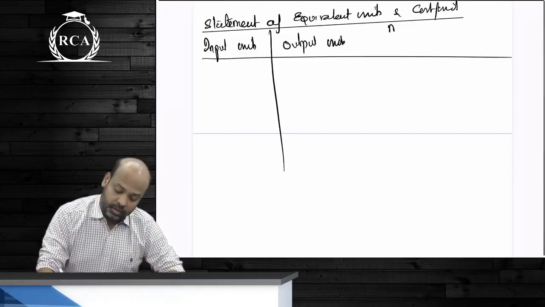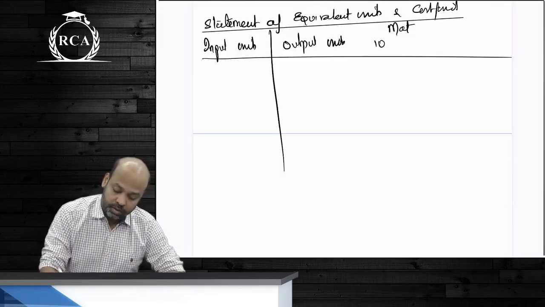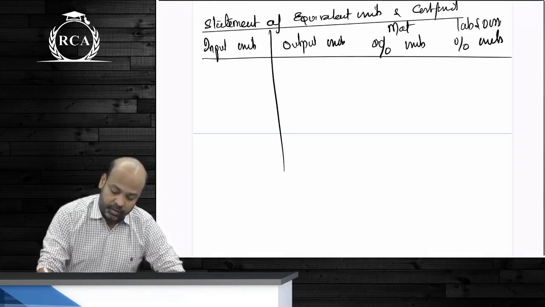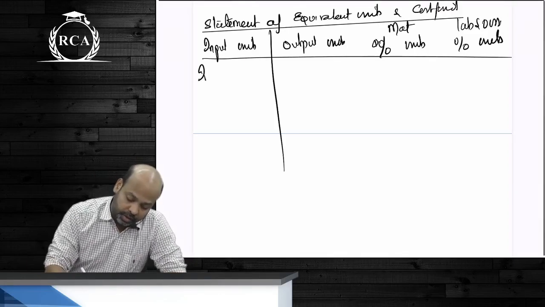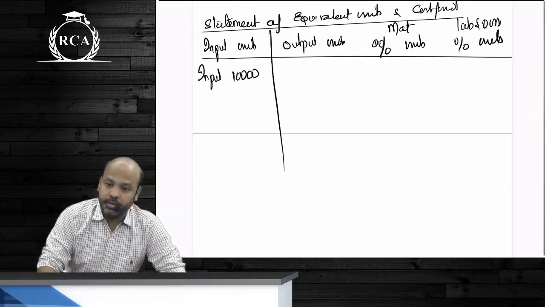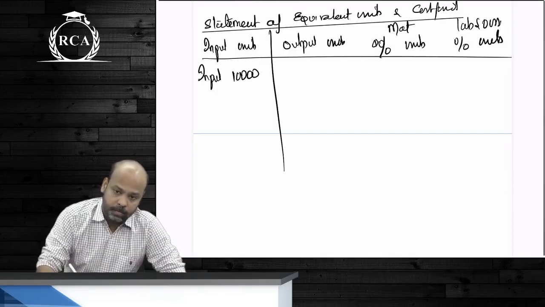Yes or no? Rudraksh, start beta. All of you stop writing guys, pay attention. Rudraksh, tell me beta, what am I going to write in the statement of equivalent units now? How much is the input? 10,000, alright. Normal.